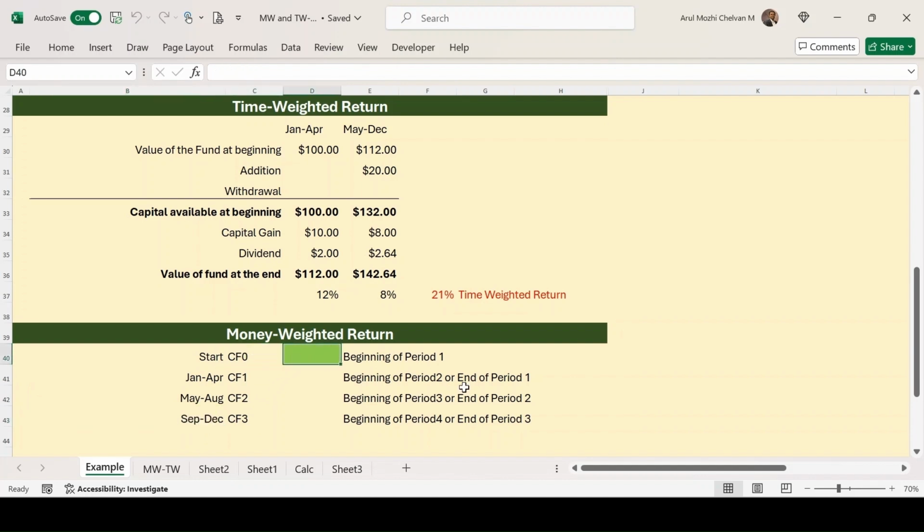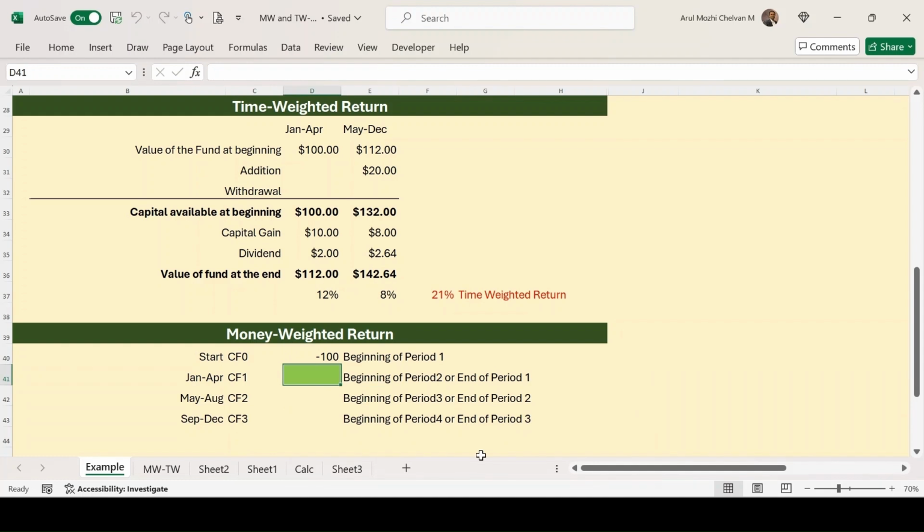So the initial cash flow is $100 million. It is an outflow for the investor. From the investor's perspective, it is a cash outflow because he has invested $100 million. We put minus 100. Then CF1, the beginning of period 2 or end of period 1. On 1st May, there was a fund addition.